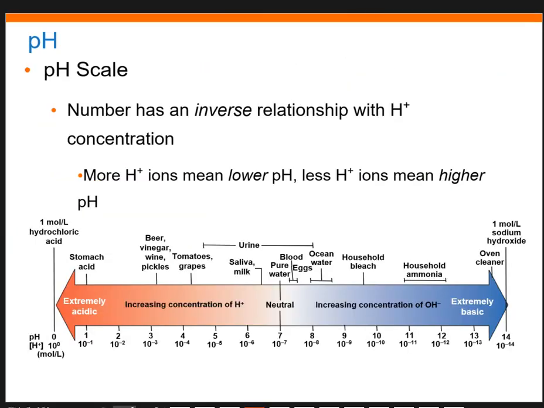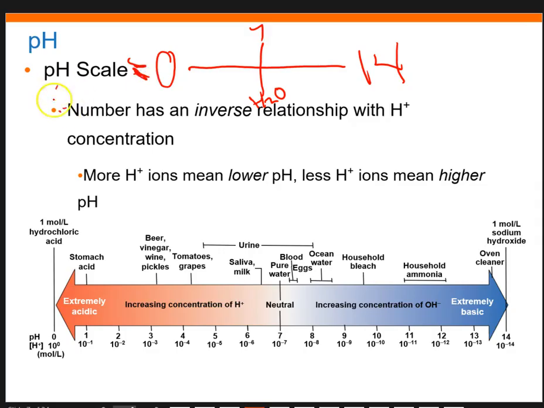Now, the pH scale again goes from 0 to 14 and has water in the middle at 7. I told you that this correlates with the concentration of hydrogen ions.